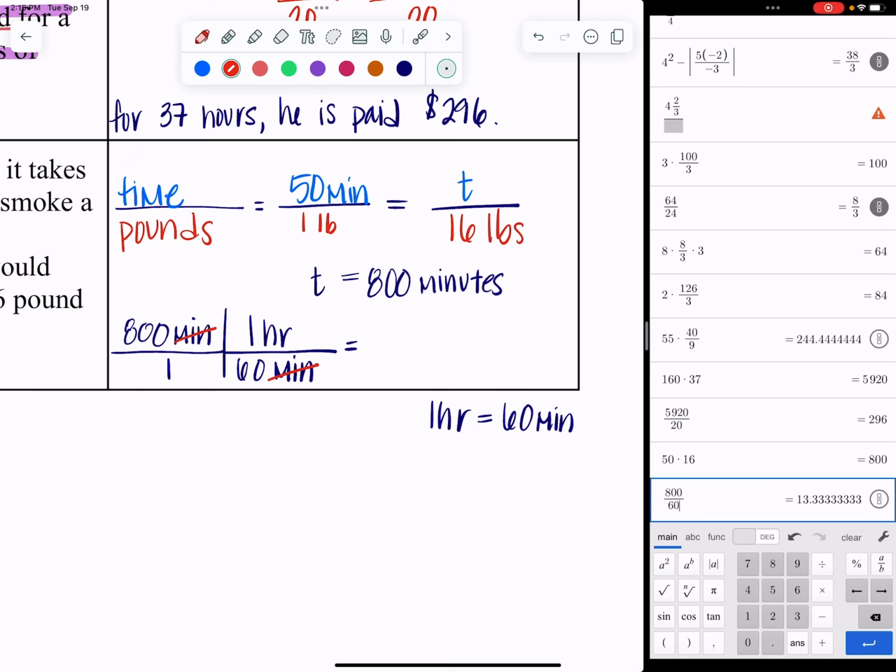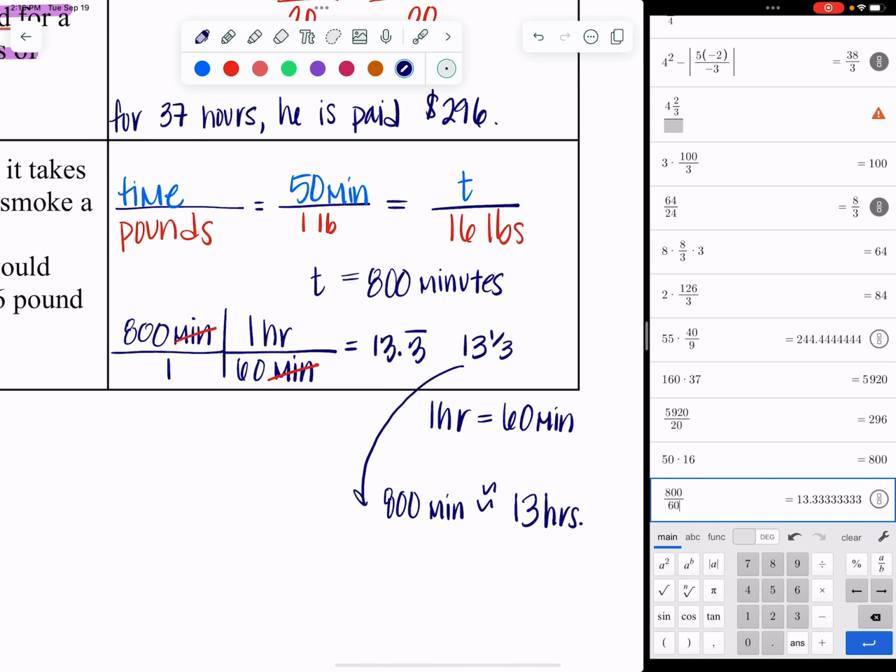Of course, it's going to be a repeating decimal. Why wouldn't it be a repeating decimal? So this is 13 1/3 hours. A third of an hour is 20 minutes. So 800 minutes is approximately 13 hours and 20 minutes.